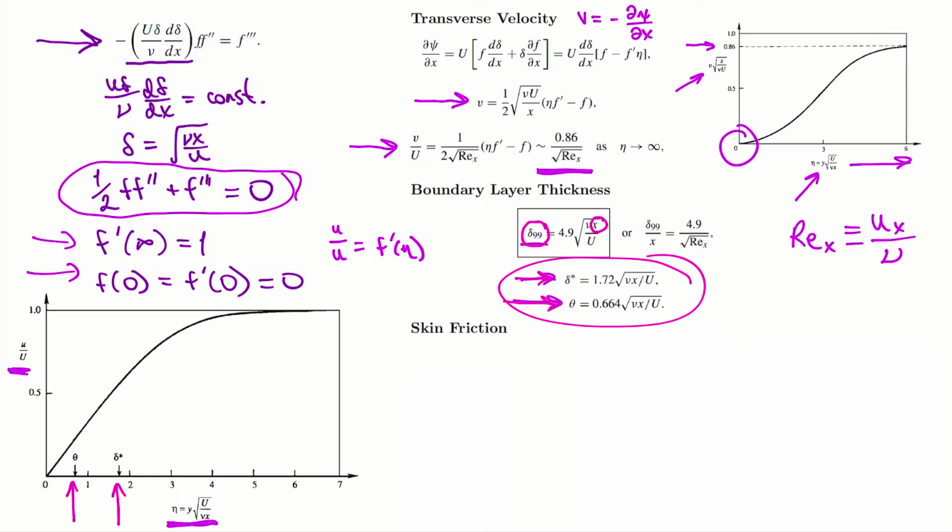Our local wall shear stress, I'll write this out here, as given again by Newton, is this. Subscript 0 is for y equals 0. And then we can sub in for the stream function. We solved for this on the previous slide, so we go ahead and sub in.